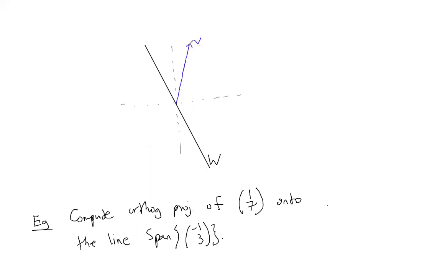And we want to compute the orthogonal projection. So we imagine projecting it down. Imagine there's a sun over here, and we want the shadow. The orthogonal projection is going to be this vector.